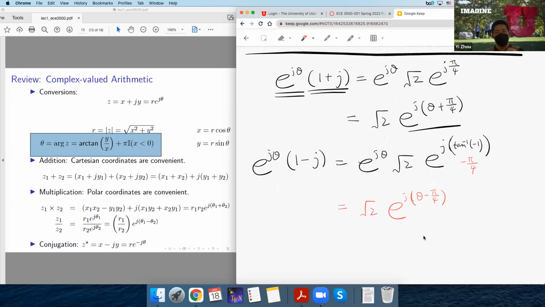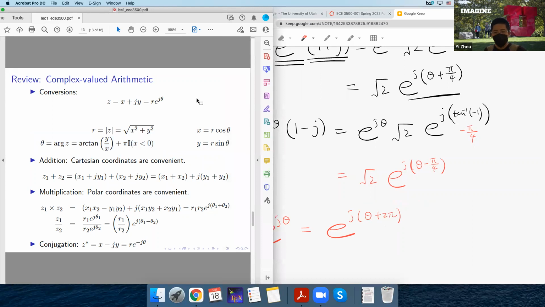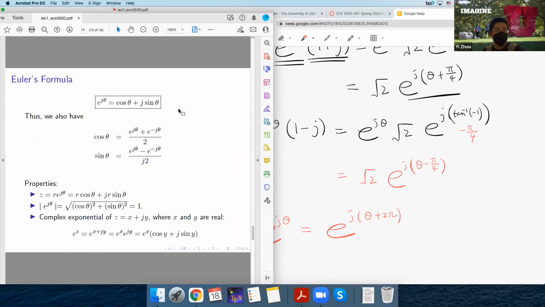Yeah, but later we will see that this complex exponential is a periodic signal. So basically, e^{j theta} equals e^{j(theta plus 2 pi)}. Why? Because by Euler's formula, e to the power j theta is a cosine plus j times sine.